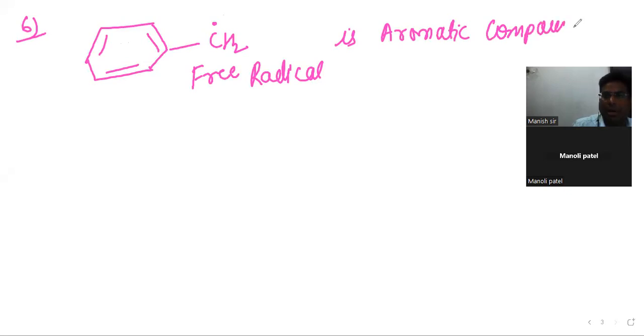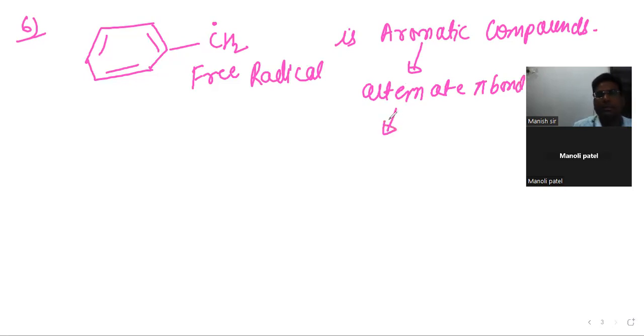So how will you identify aromatics? It should have alternate pi bonds, right? And each carbon is sp2 hybridized. So you can see here this carbon is making 4 bonds and each carbon has one hydrogen atom, right? So suppose I am talking about this carbon. So it is making 1, 2, 3, 4 bonds.